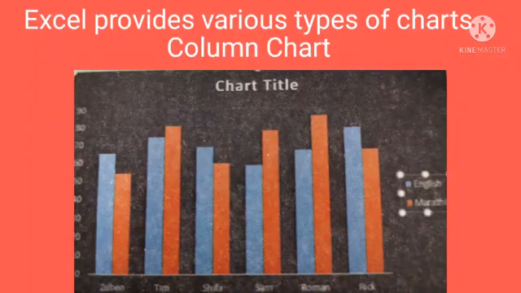First one, column chart. Now students, these are similar to bar charts in that the length of each column corresponds with the value of the data it represents. They are well suited for comparing several sets of data over time.